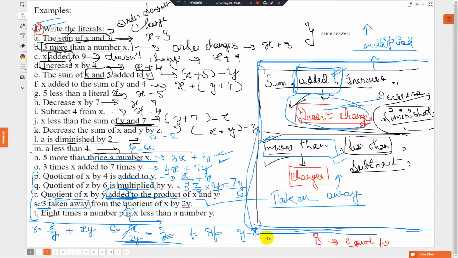When this is added, subtracted, multiplied, anything, we get that it denotes "equal to". So "is" means equal to. So 8p is equal to y minus x.